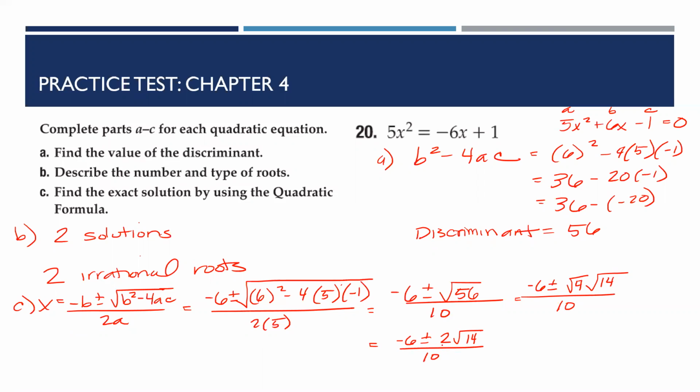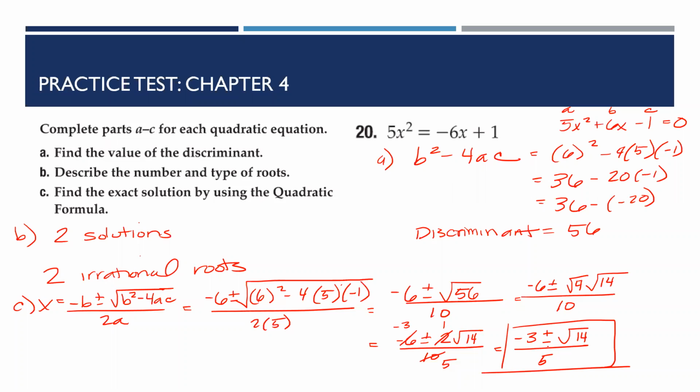So then we can simplify here because these have a common factor of 2. 2 goes into 10 5 times, 2 goes into negative 6 negative 3 times, and 2 goes into 2 once. So we can rewrite this as negative 3 plus or minus the square root of 14 over 5. So that is our final answer.